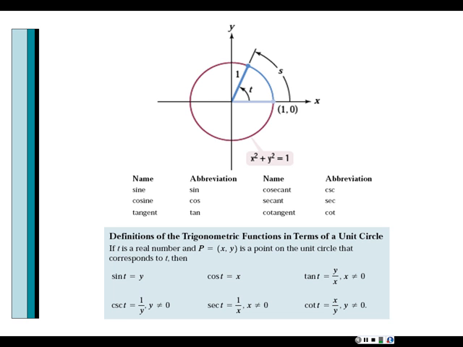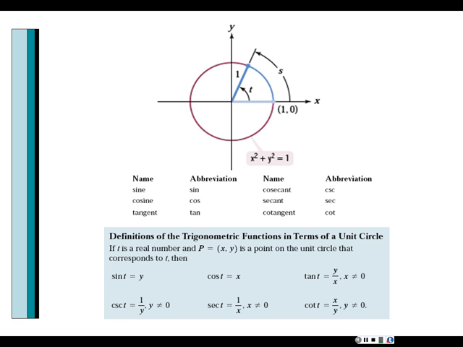The opposite side is not drawn in the original picture, but there is an opposite side. Now what do you get for sine t, let's say sine theta? What is the formula for sine t? It is opposite over hypotenuse.